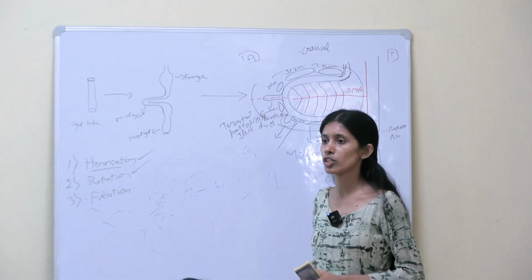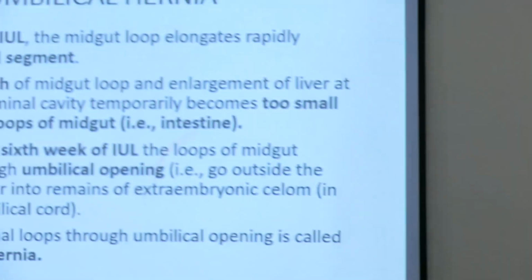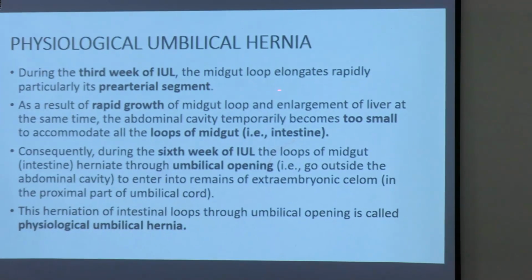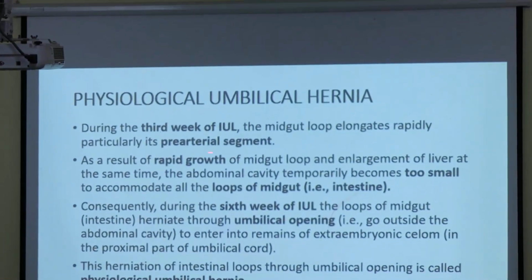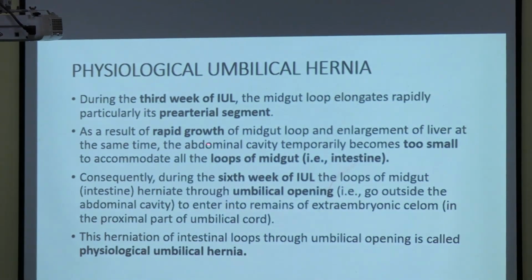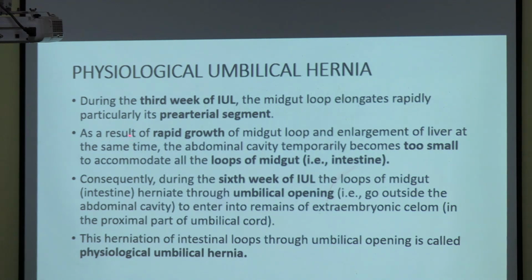Next we have physiological umbilical hernia. During the 3rd week of intrauterine life, the midgut loop elongates rapidly, particularly in its pre-arterial segment. As a result of rapid growth of the midgut loop and enlargement of the liver at the same time, the abdominal cavity temporarily becomes too small to accommodate all the loops of the midgut, that is your small intestine part.